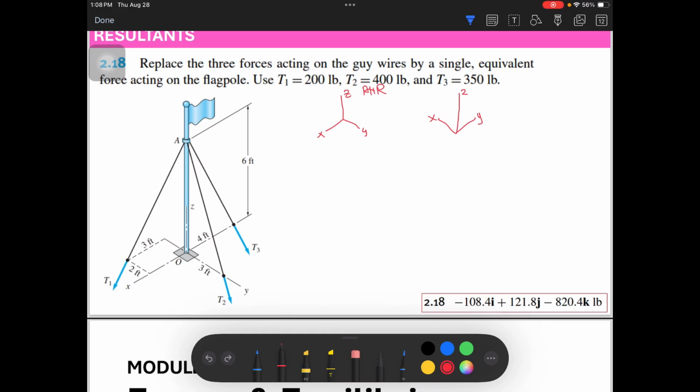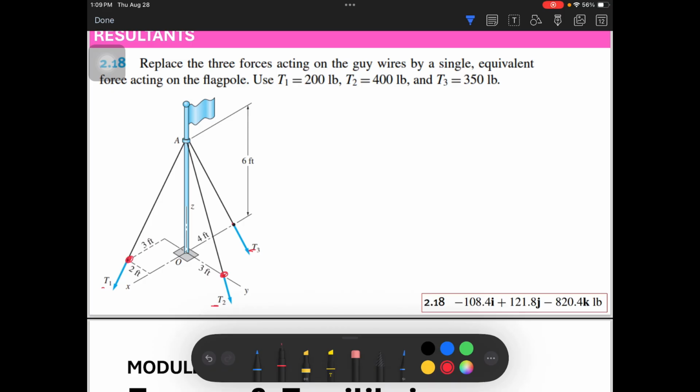So, replace the three forces in a single equivalent force. So, since T yung mga ginamit na variable sa forces, tawagin natin ang resultant as T. Okay? So, since ang mga given is yung location kasi yung coordinates, di ba?